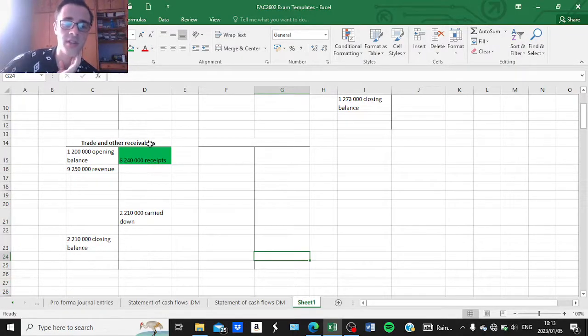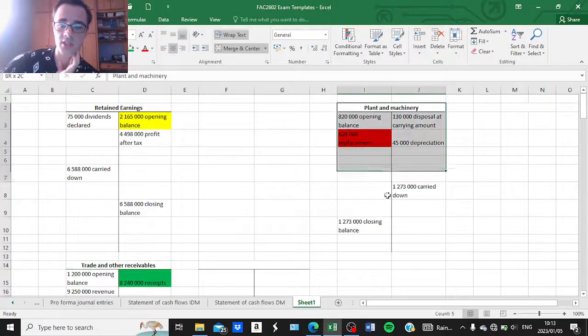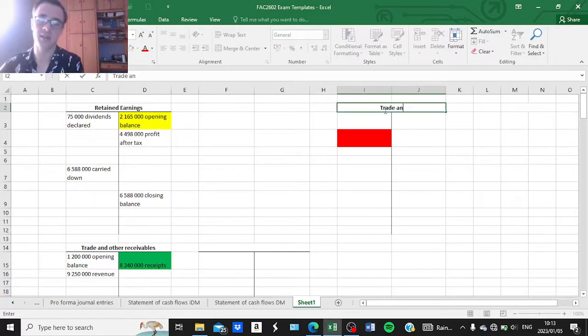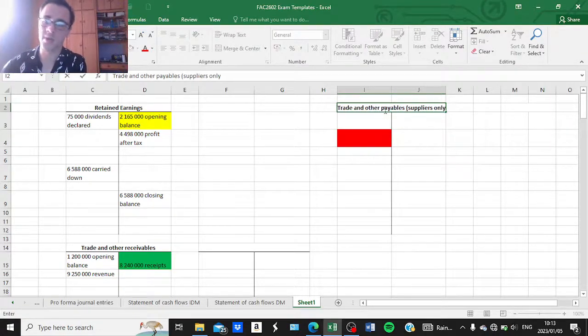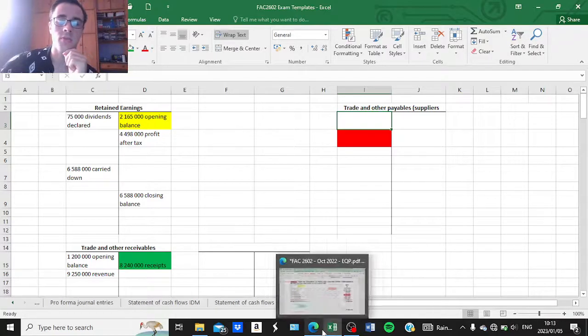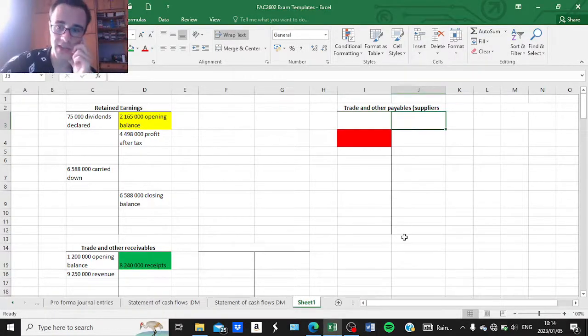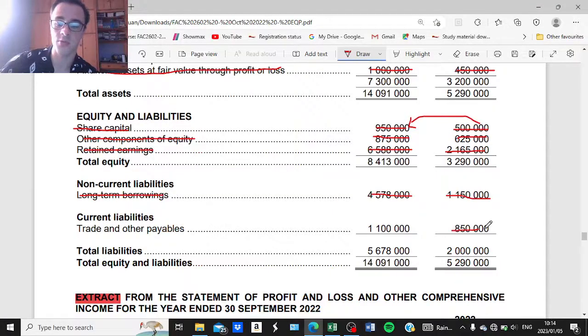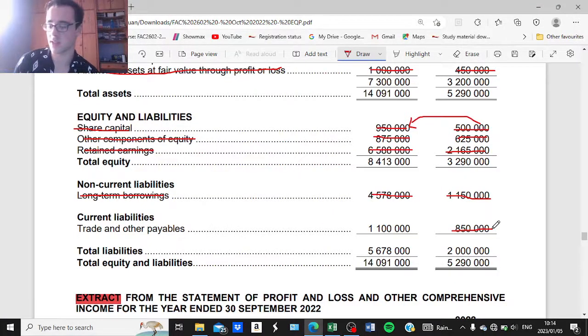All right, trade and other receivables. And now we just need to deal with our trade and other payables. So let me just replace this one with trade and other payables. And remember that this general ledger account will only consist of your supplier accounts. So we need to remove the balances for taxation and dividends payable. All right. So our opening balance for trade and other payables, only consisting of our supplier accounts, will be calculated by taking the opening balance for trade and other payables, which is 850,000.